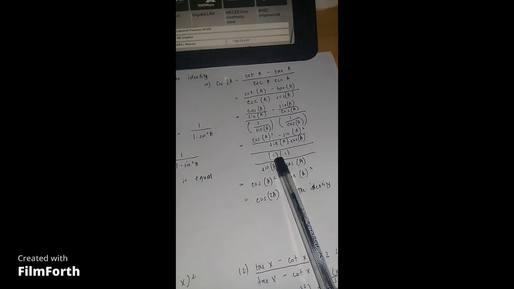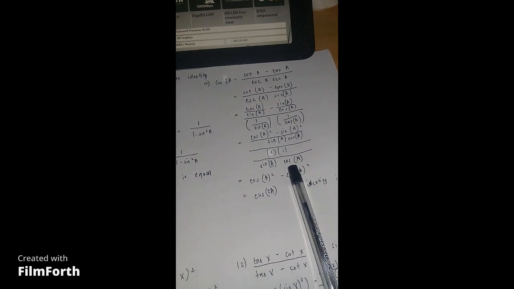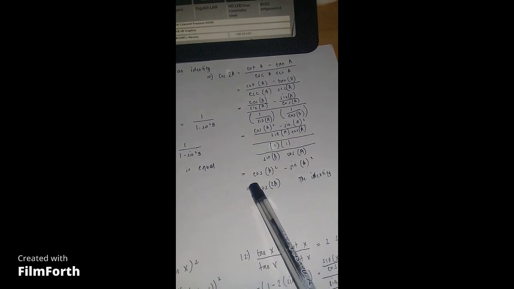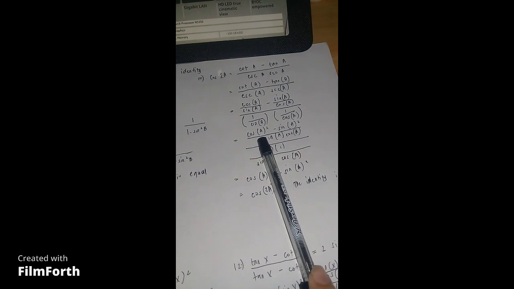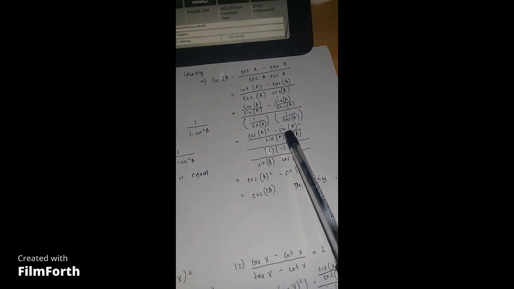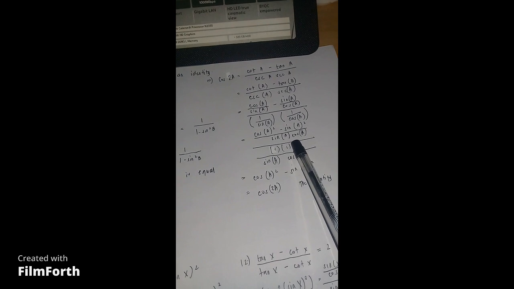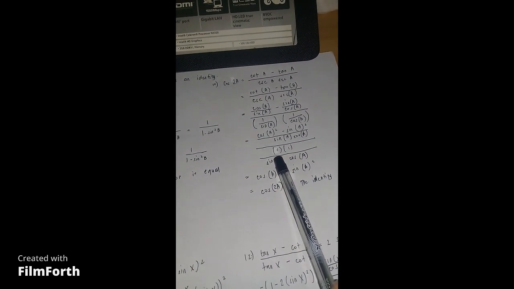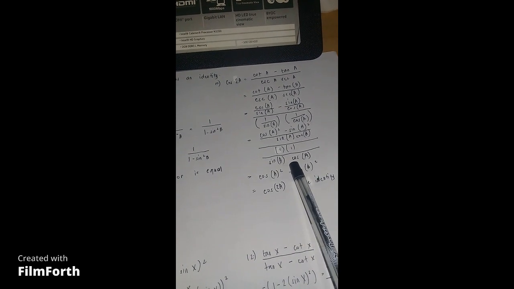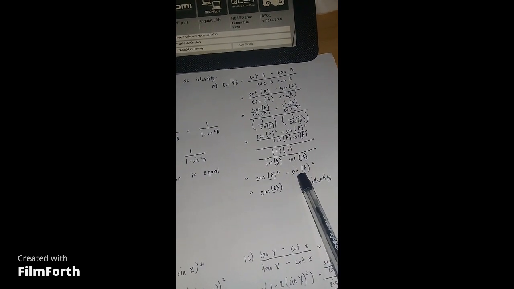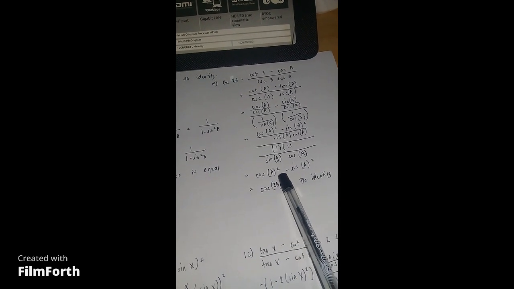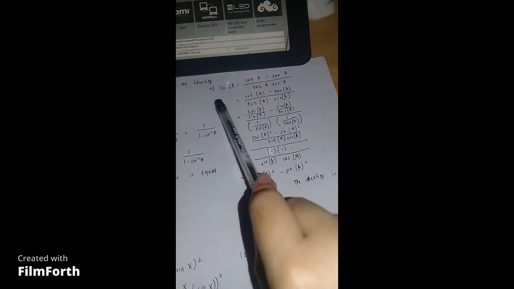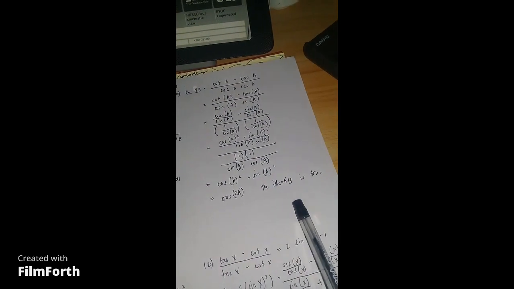So solve. Here cos A squared minus sin A squared over sin A cos A is equal to cos A squared, and then 1 times 1 over sin A cos A is negative sin A squared. So cos A squared minus sin A squared is equal to cos 2A. So here it's all the same, so the identity is true.